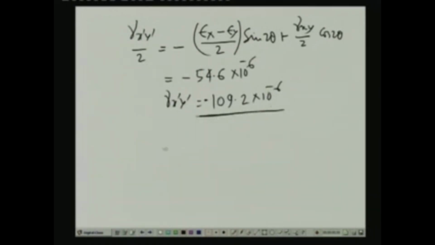So, you see initially we had the element which is in this form, and we had a strain which is positive in the x direction, we had strain which is positive in the y direction. So, this is the positive strain, and then gamma xy also is positive, which means the angle is reducing, which is in this form.